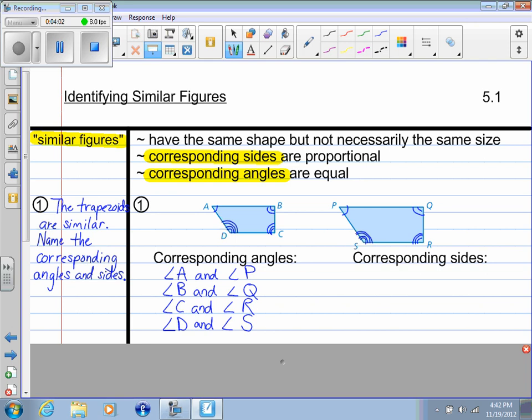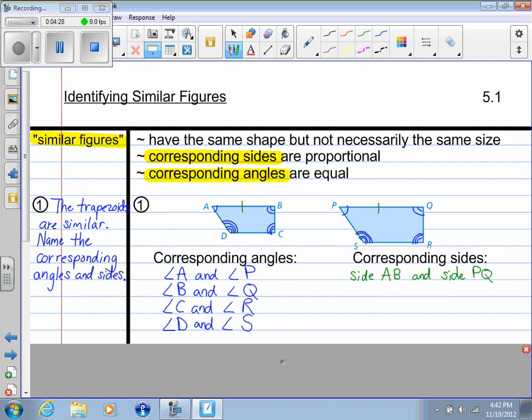Next, we'll look at the corresponding sides. So if I start with side AB, I'm going to put 1 mark there and 1 mark over here on side PQ. Those 2 sides are matching. So we can say side AB and side PQ.